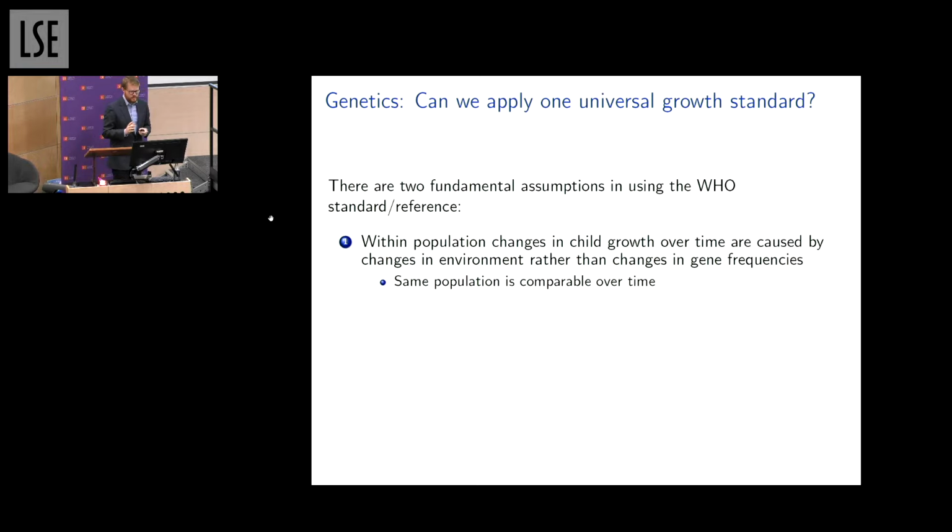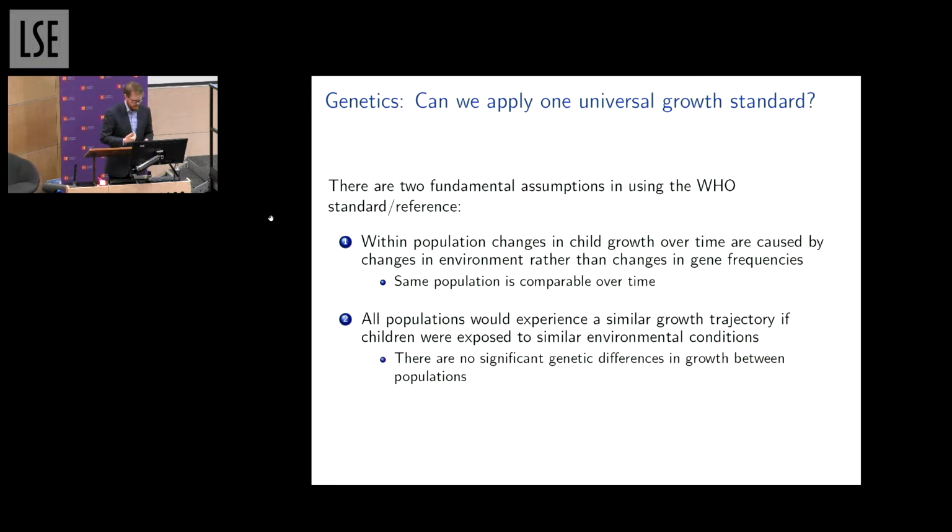The first is that within population, changes in child growth over time are caused by changes in the environment and not changes in gene frequencies, meaning that there's not natural selection. So the same population can be compared over time. And the second point is that all populations would experience a similar growth trajectory if children were exposed to similar environmental conditions. What that means is that there are no significant genetic differences in growth between populations.